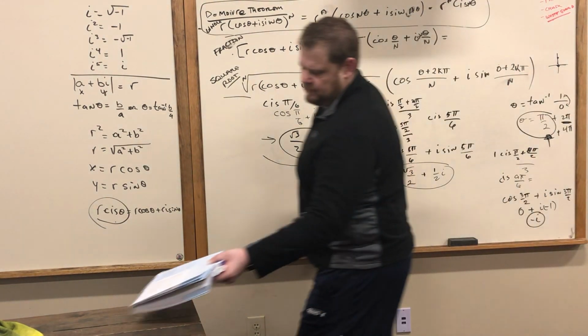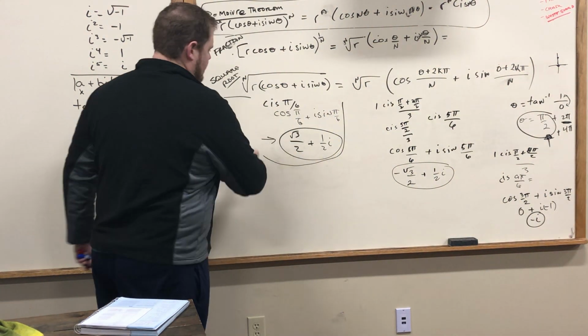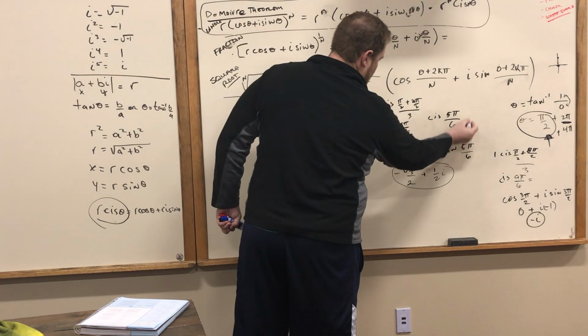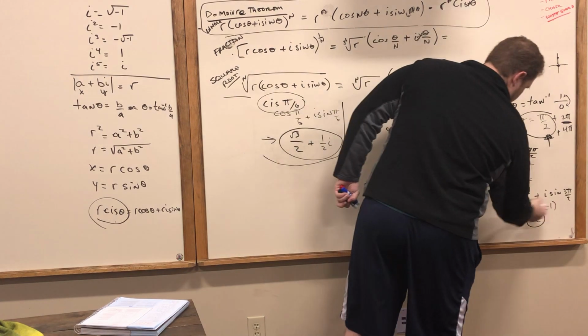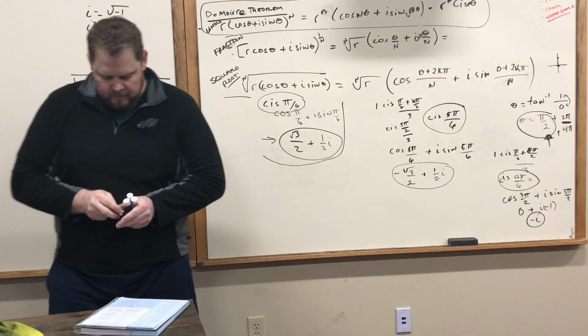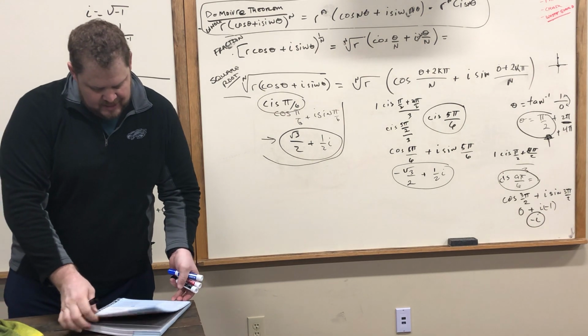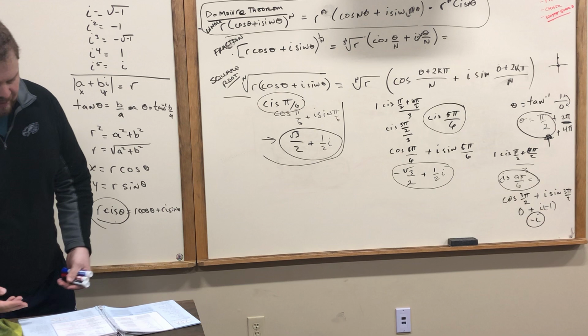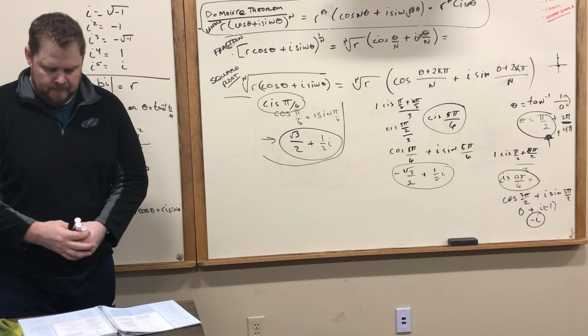Your 3 answers are for your first initial answer, your 2 pi answer, and your 4 pi answer, as it goes around. These are the 3 distinct cube roots, because to the 3rd power, there are cube roots.